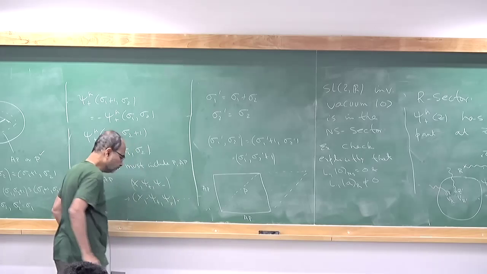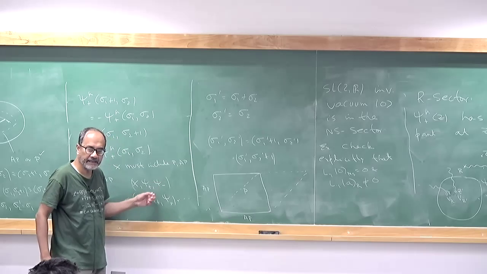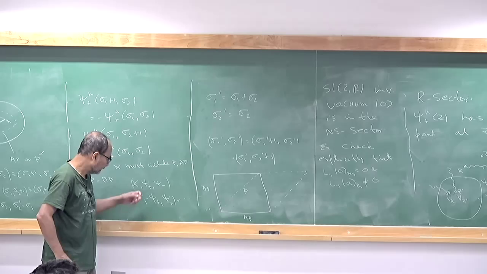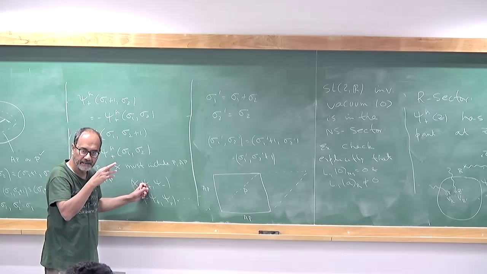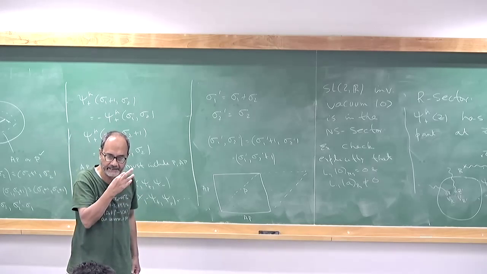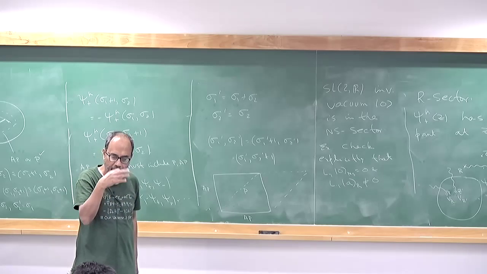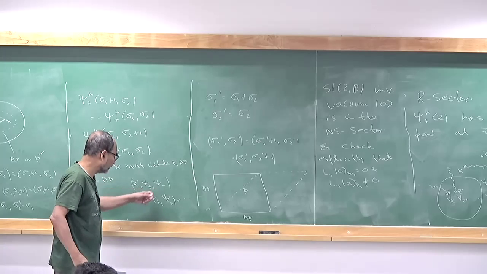Once you have done that, you keep only states that are invariant under this projection, and you include states for which psi plus changes to minus psi plus as you go around the string. This is the NS and R sector. As you go around the string, you have to allow psi plus to be either periodic or anti-periodic. Once you have done that, then the projection is automatic.